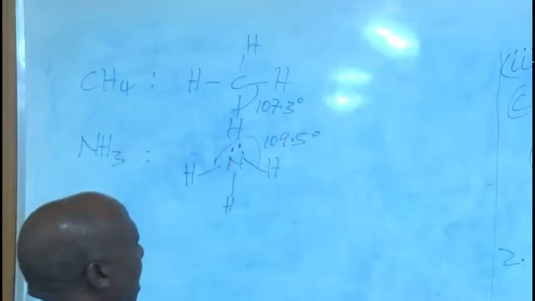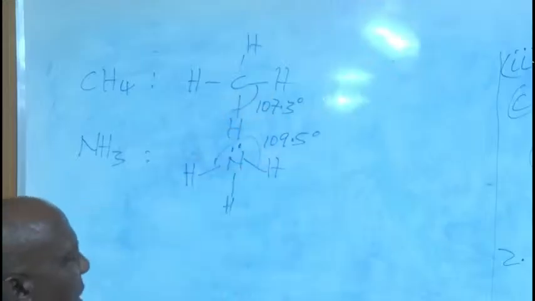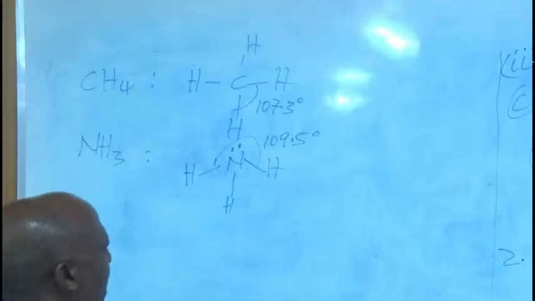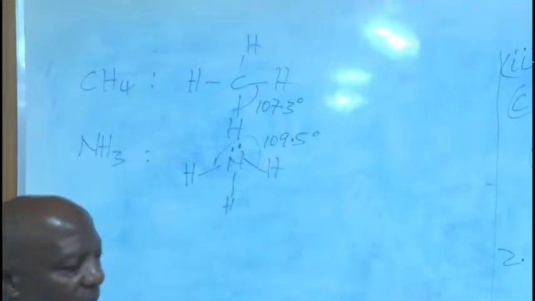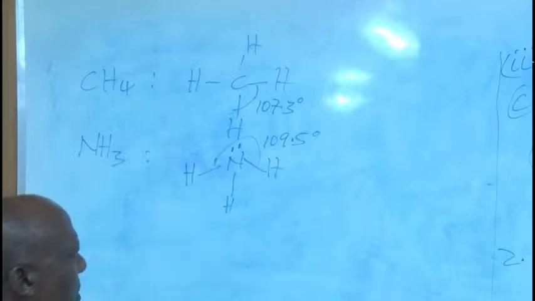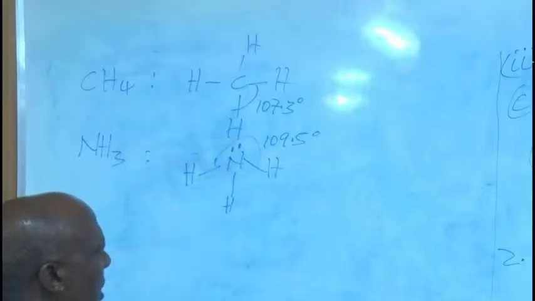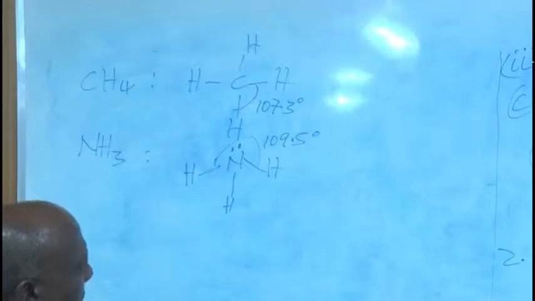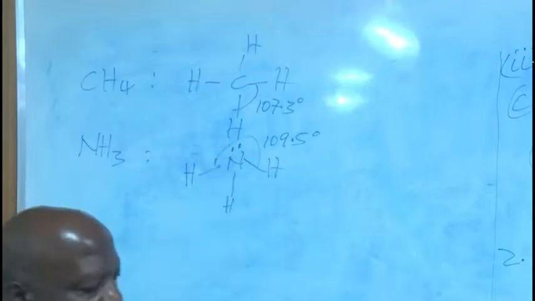For methane, we have only bond electron repulsion, which is weak, as compared to lone pair bond repulsion. On the other side, lone pair bond repulsion repels these bonding electrons much more, squeezing or compressing them, and they create the larger angle.